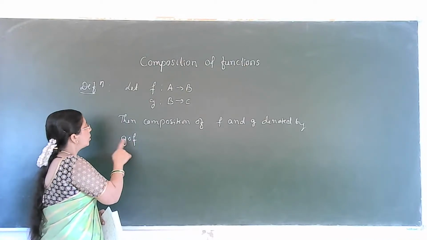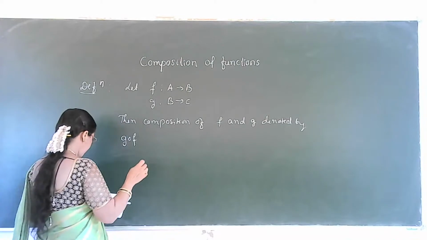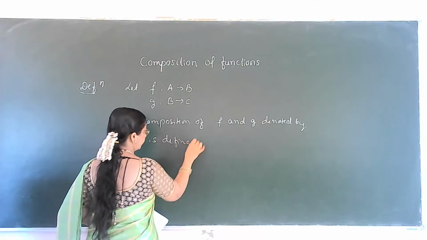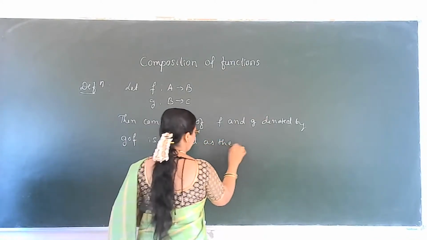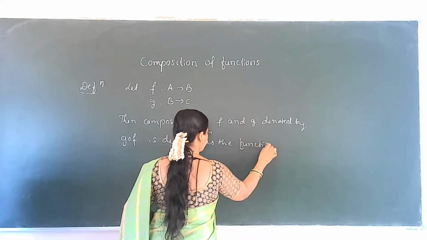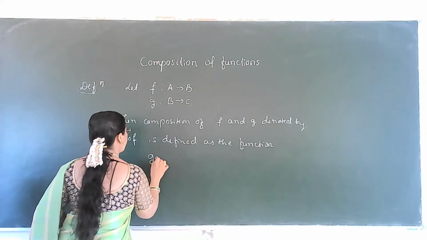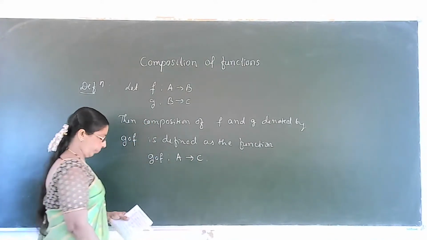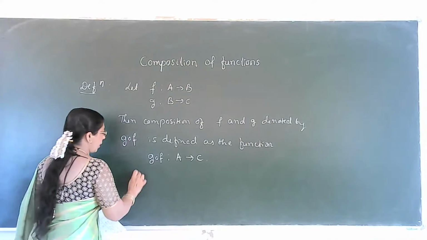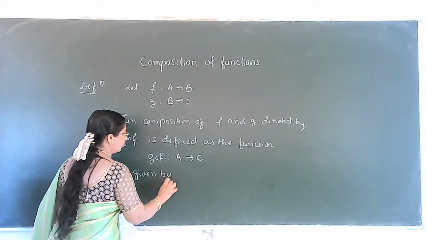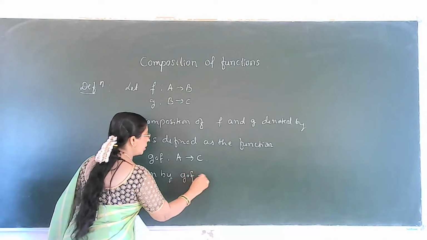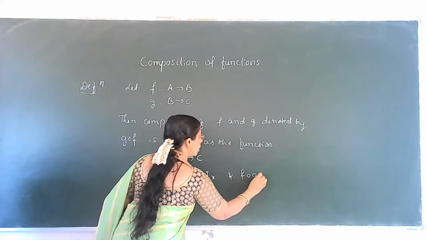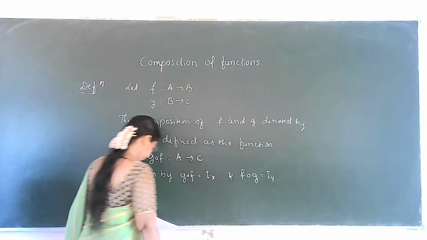The composition g naught f is defined as the function g naught f from A to C given by g naught f equal to Ix and f naught g equal to Iy.